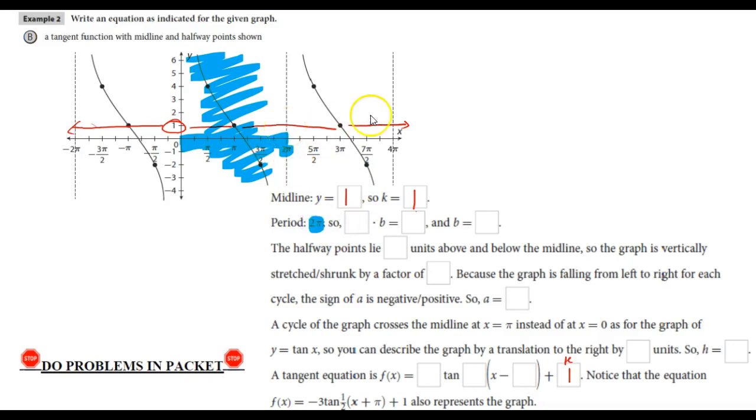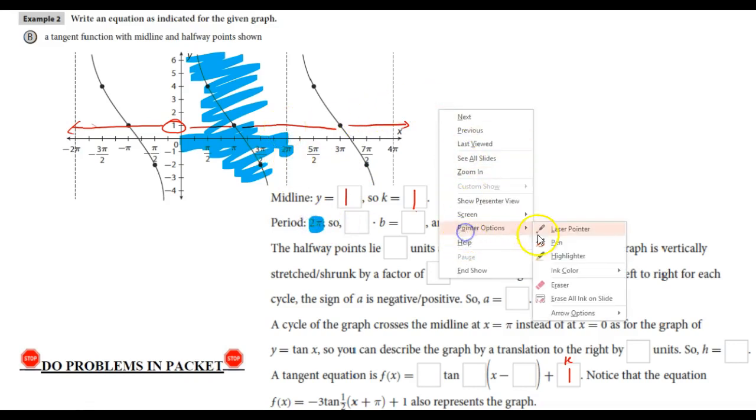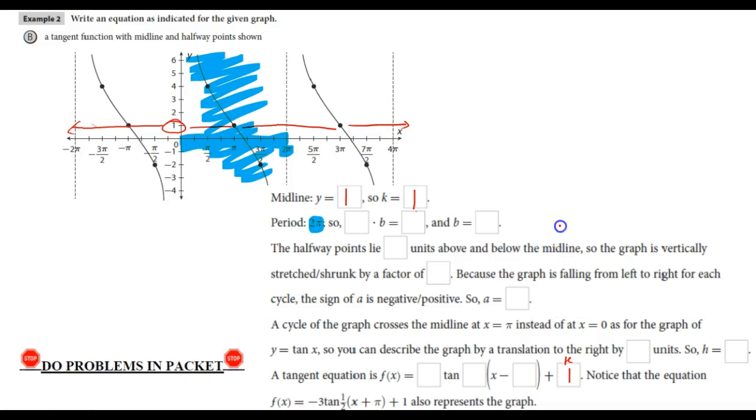Just in case you forgot, I'm just going to review this part really fast. Remember, for tangent, which is different from cosine and sine, just so you know, for our period, they'll always use 2 pi times b equals our period. So just keep that in mind.